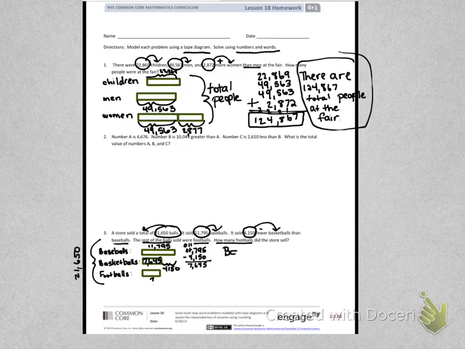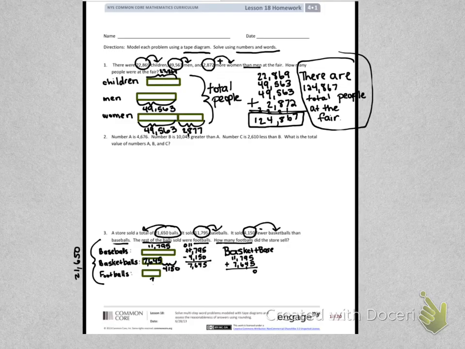So I'm going to add up our basketballs plus our baseballs and see how much that leaves us with. I'm sorry, our baseballs were 11,795, and we're going to add to that our basketballs, 7,645, and we'll see what we get.